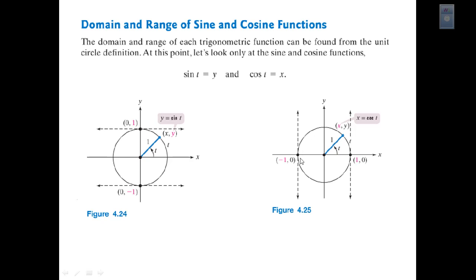Its minimum value, the smallest x value we have on the unit circle, is negative 1. So once again, our domain for cosine is all real numbers. We can put in any angle we want. And our range is going to go from the smallest value of negative 1 to the largest value of positive 1.